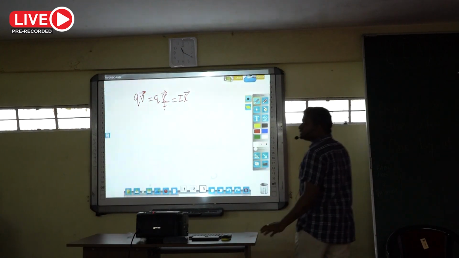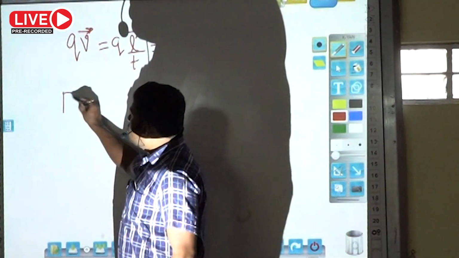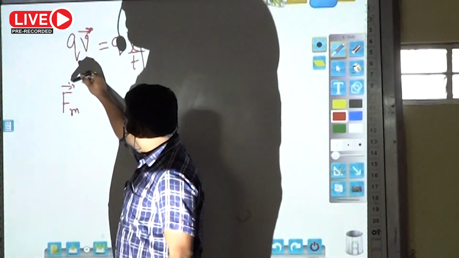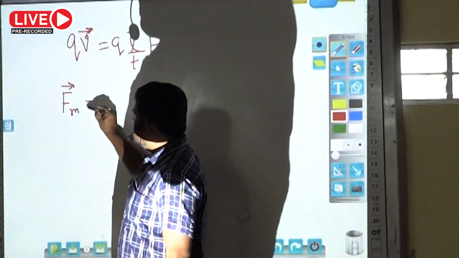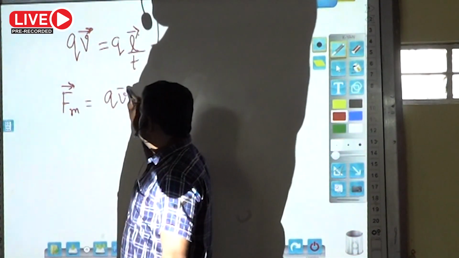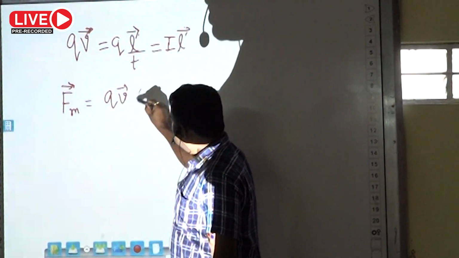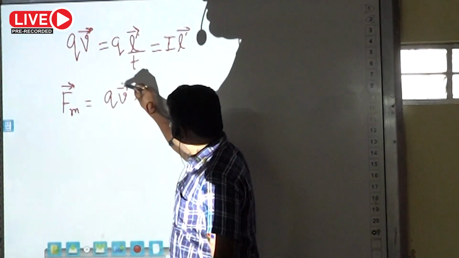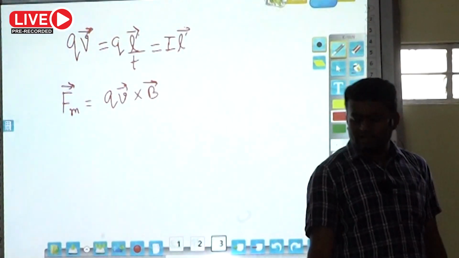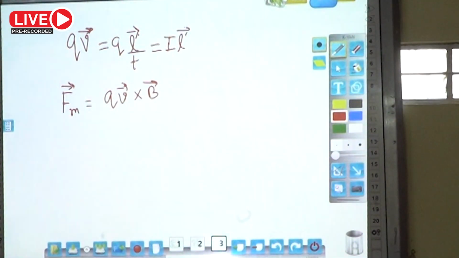See how this force is defined. This is called the Lorentz formula. F magnetic is equal to q v cross B. This is the formula for the magnetic force felt by a moving charge q in a magnetic field.